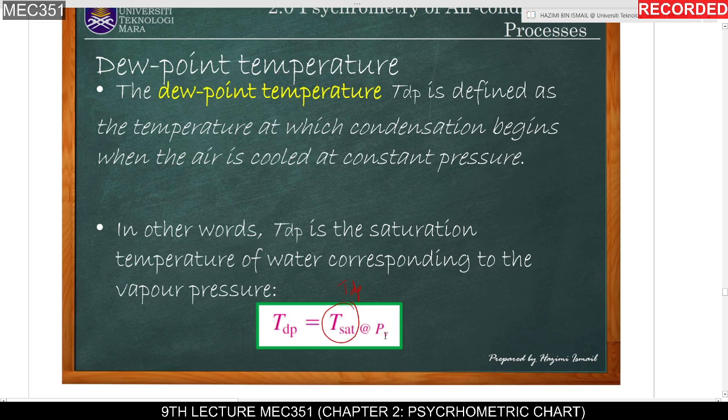V means the vapor, so the pressure is for the vapor, not the atmospheric pressure, not the dry air pressure, but we use the vapor pressure here. In other words, TDP, the dew point temperature, is the saturation temperature of water corresponding to the vapor pressure.